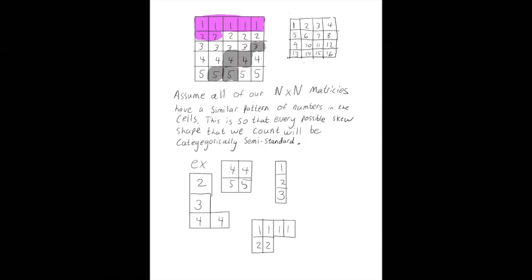Here are some more examples, shapes that we will be counting that follow the precepts set by the semi-standard definition. Now I'll show you the actual process of counting our skew shapes.